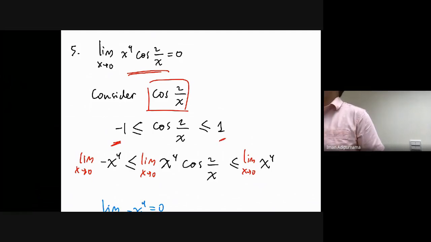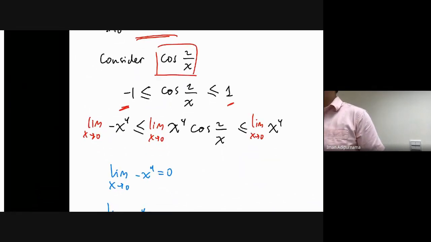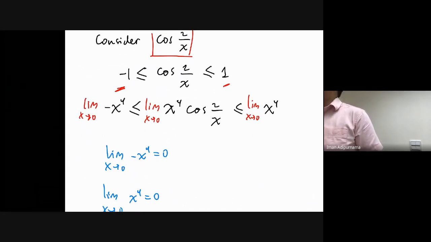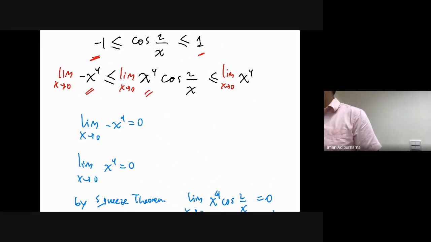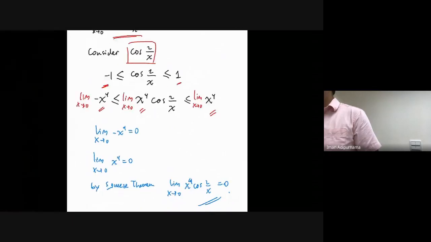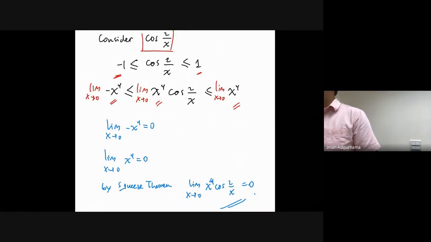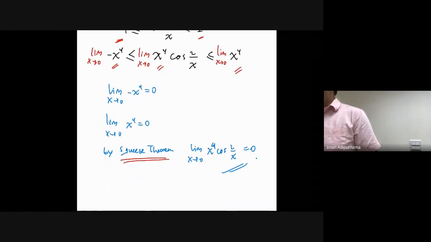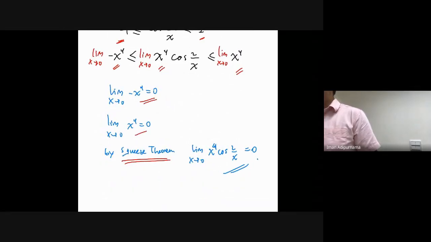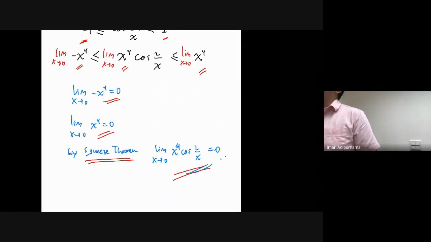Then multiply by x to the fourth, because x to the fourth is always positive, so it doesn't matter here. Then approaching with the limit, we get the squeeze theorem. When you approach, this is 0 and this is 0, so the whole thing becomes 0.